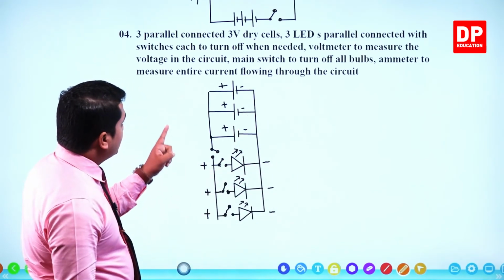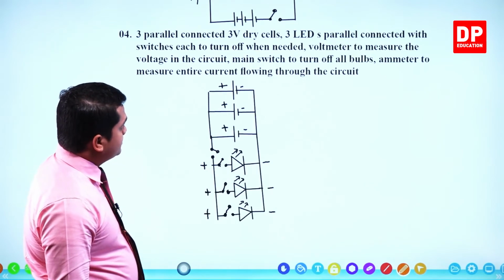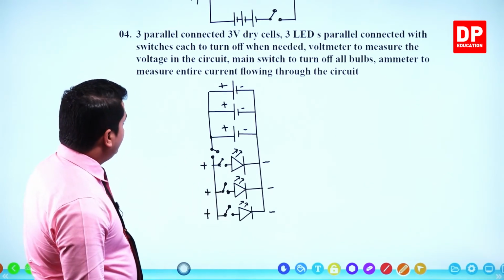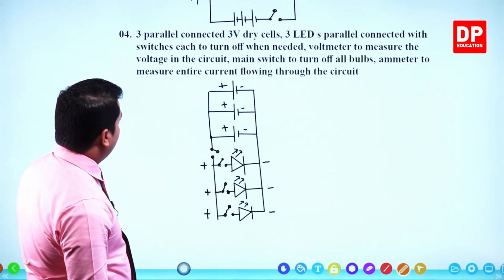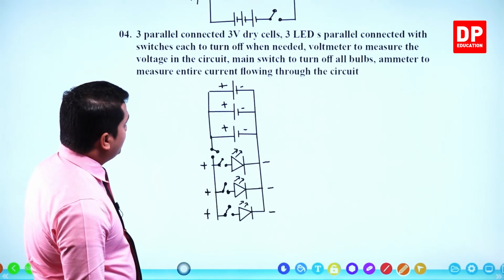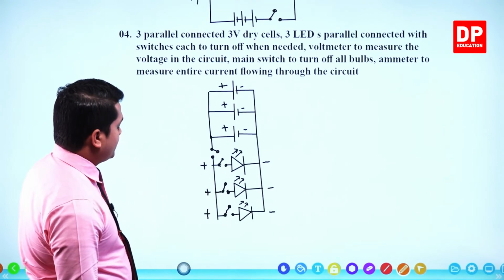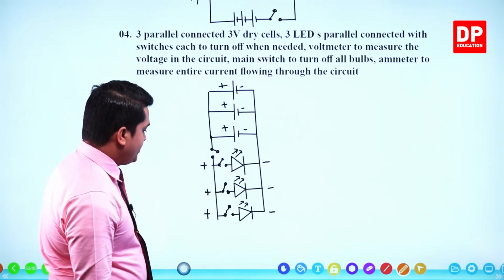So 3 parallel connected 3 volt dry cells, 3 LEDs parallel connected with switches each to turn off when needed, voltmeter to measure the voltage in the circuit. Now we need to connect a voltmeter.